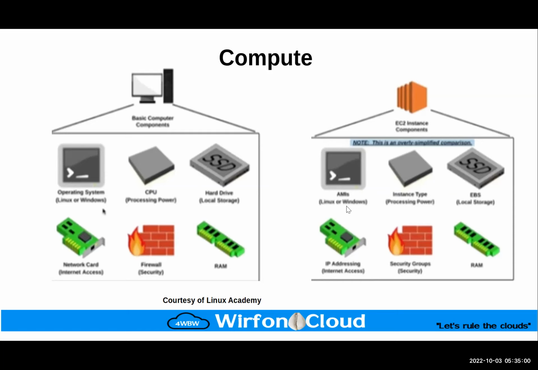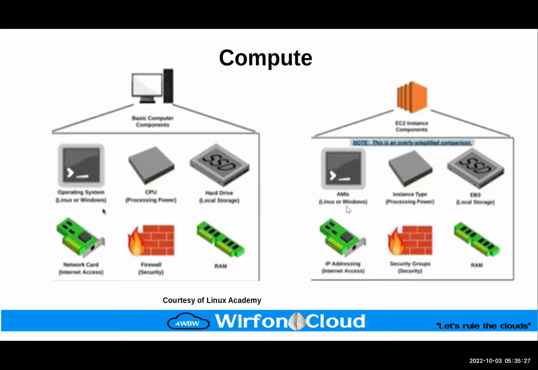Then you have processing power with a CPU, which in EC2 is an instance type. Then you have a hard drive, which is your local storage. In EC2, you have EBS. You get to know about that also. Then you have a network card, which gives you access to the internet, and in EC2, you have IP addressing.